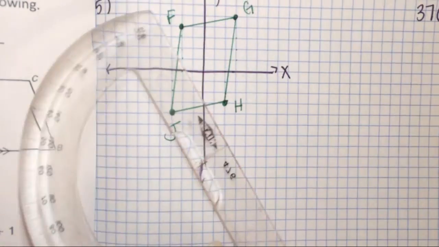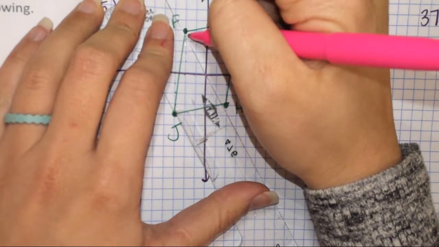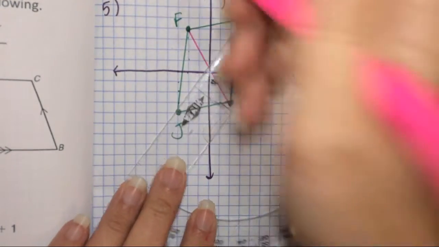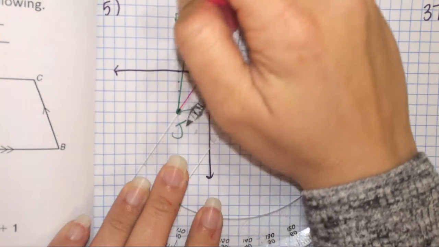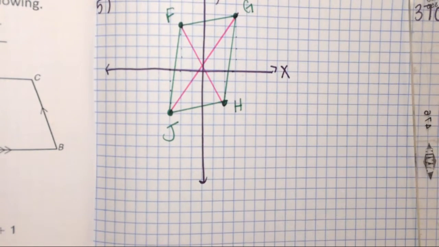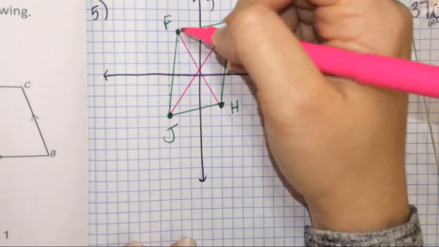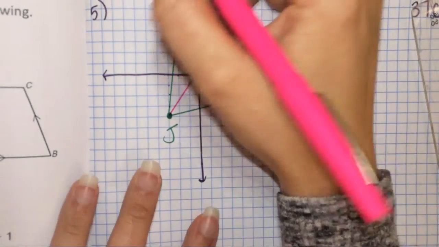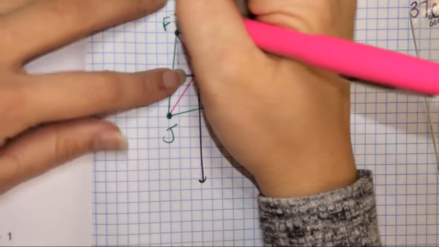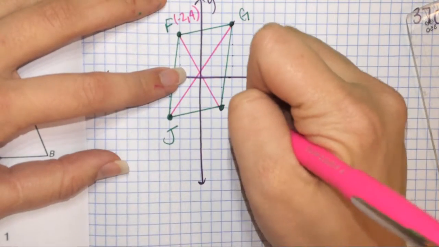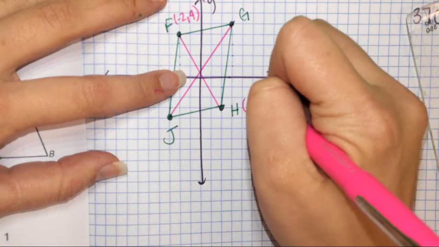I remember learning it, I just don't remember it. Don't draw these. I'm just doing this to show you that we can't just guess. Because what if my drawing is off? So we're going to find the midpoint of FH. The coordinates for F were -2, 4. And the coordinates for H were 2, -3.